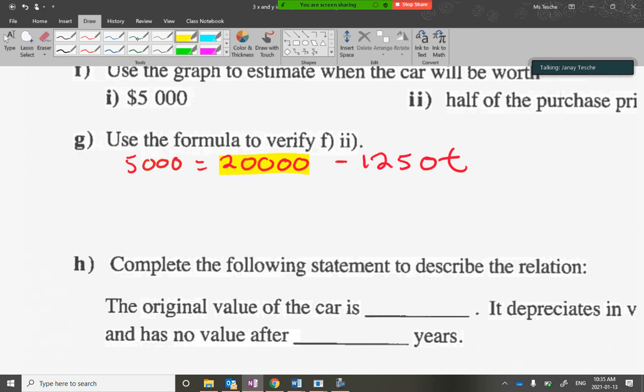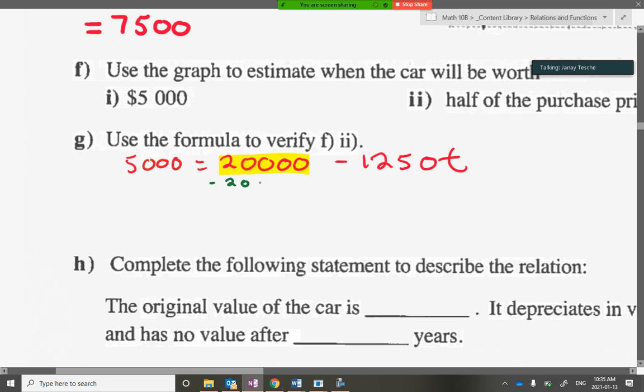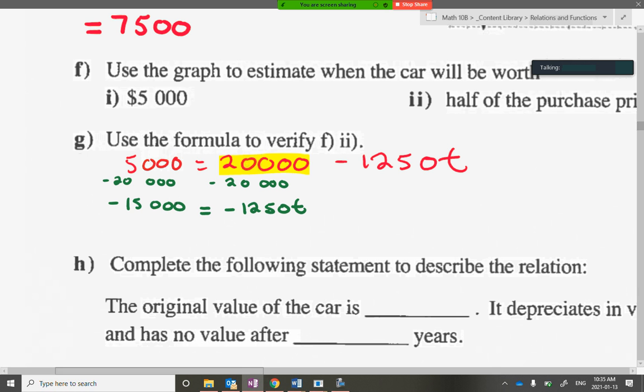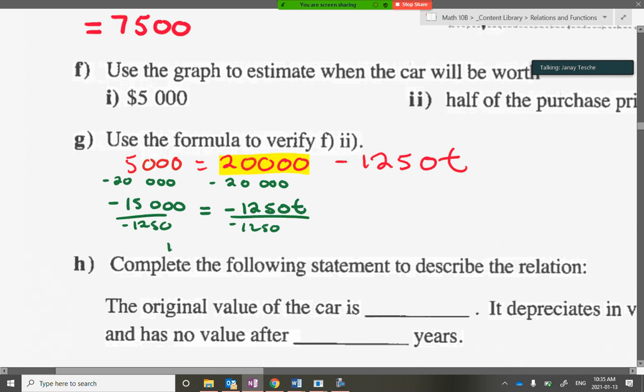So I'm going to subtract 20,000. Don't forget to rewrite that subtraction sign, so then I get negative 15,000. Now I can do my division, and I get 12. I'm dividing both sides by a negative, so that's why I get that positive 12 years.